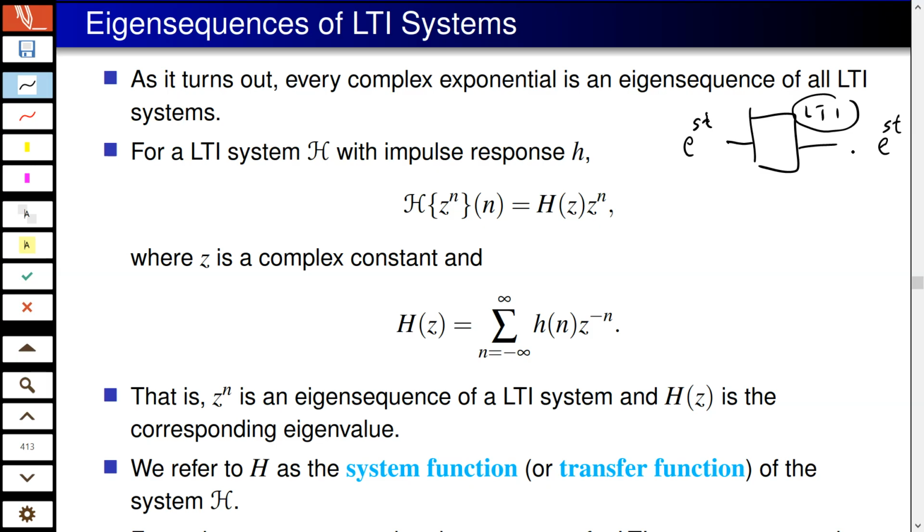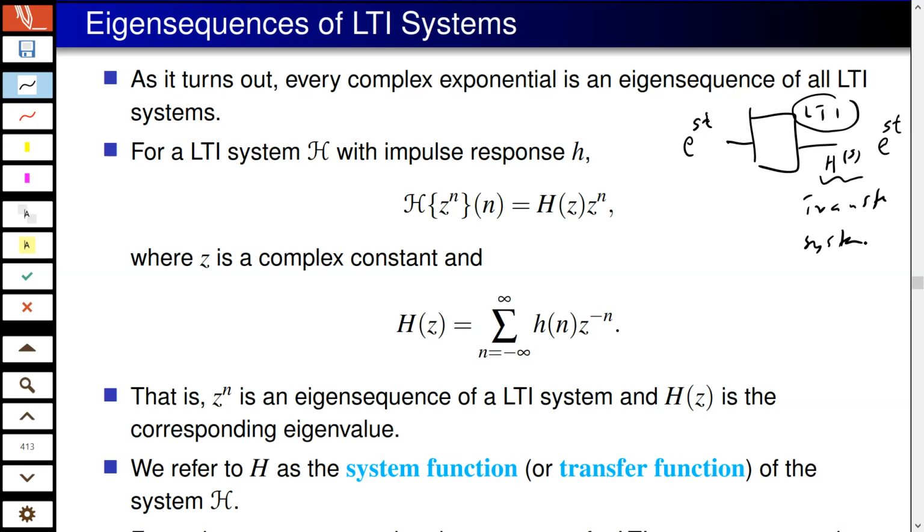It is still exponential, but there is a multiplication by some complex quantity, and we identify that as our transfer function, or system function. Some people call it system function, some people call it transfer function.